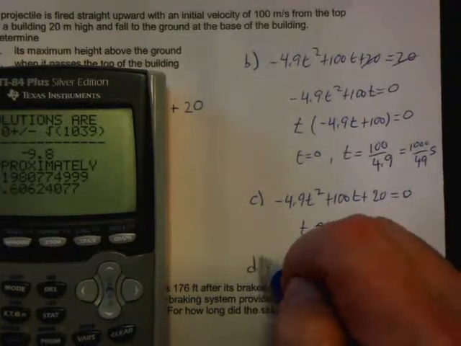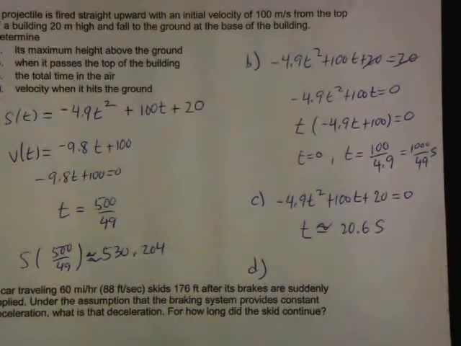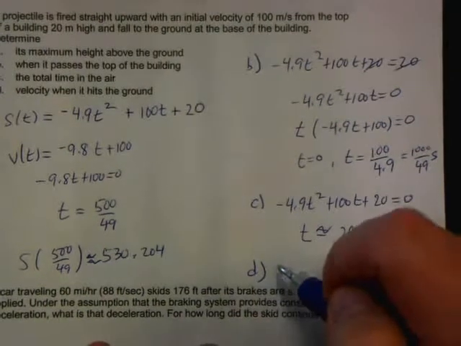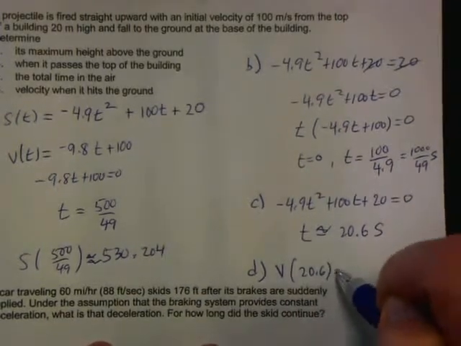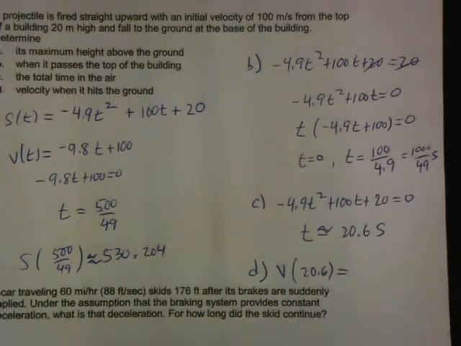And then finally part D, what's the velocity when it hits the ground? Well, I take my velocity and I plug in my 20.6 and I see what I get. So negative 9.8 times 20.6 plus 100.